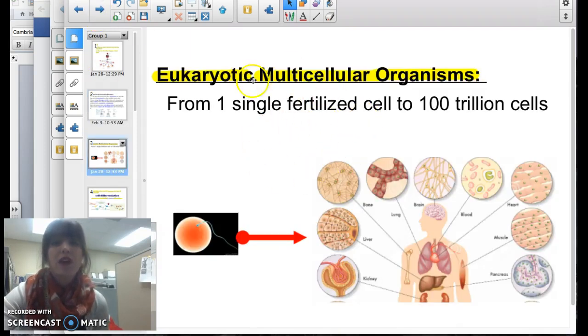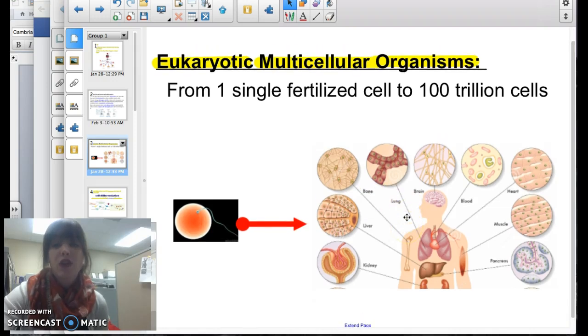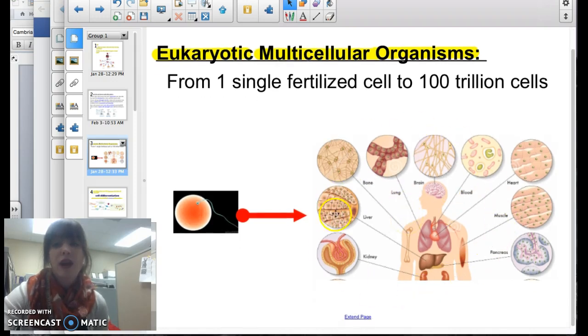So let's review. All eukaryotic multicellular organisms, and that includes us, start out as one single fertilized cell, and then those cells grow and divide, and they differentiate into all the different types of cells we have in our body, such as liver cells, kidney cells, blood cells, and brain cells.